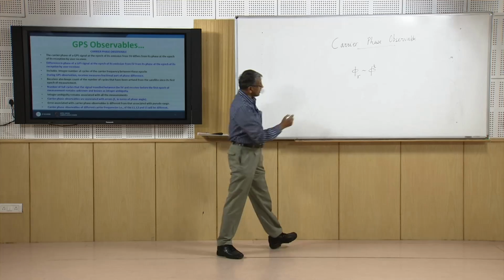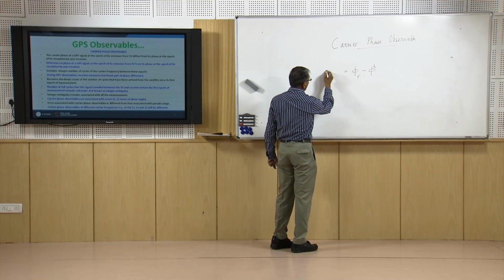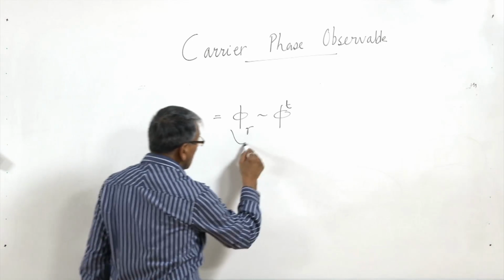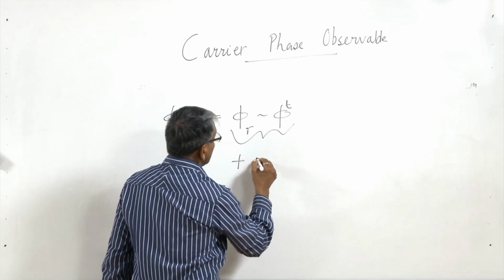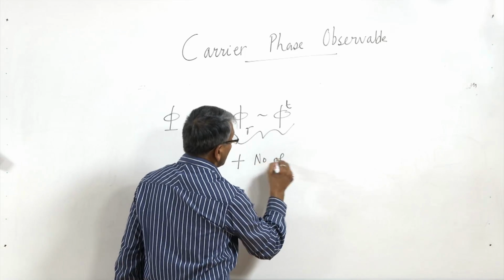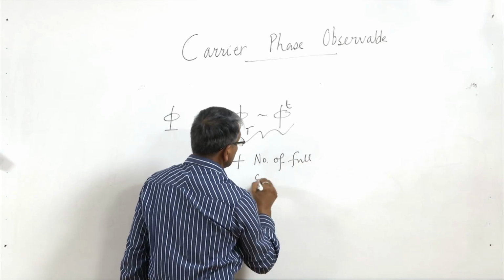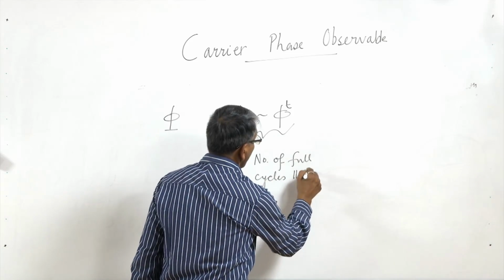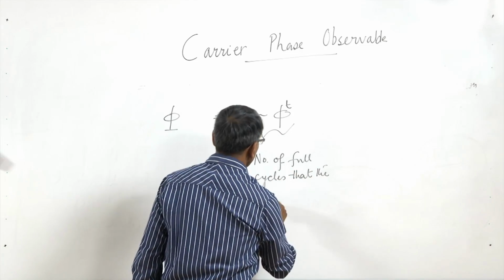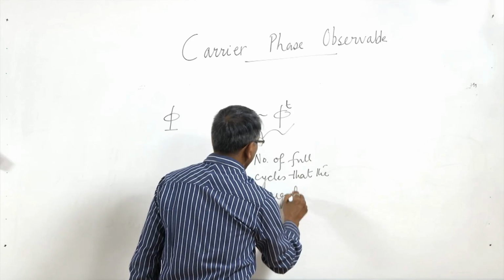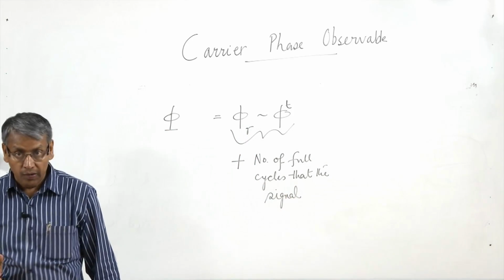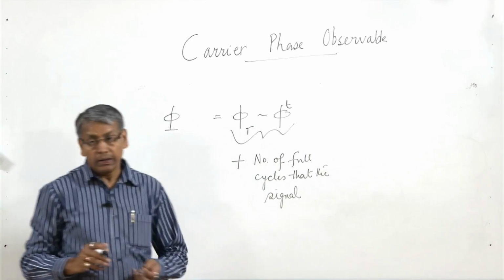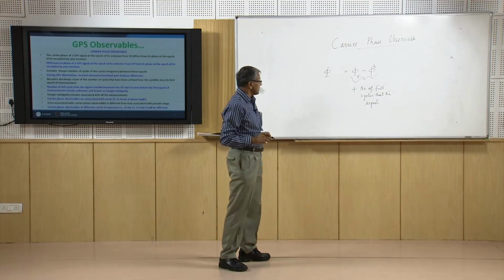The difference between these two is the carrier phase, but this also includes the number of full cycles that the signal travels during transmission to reception.